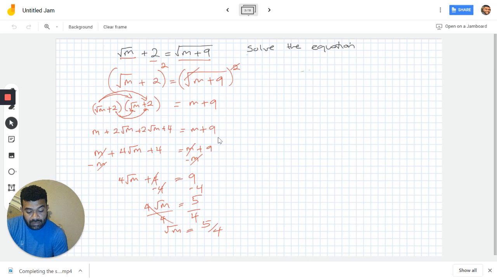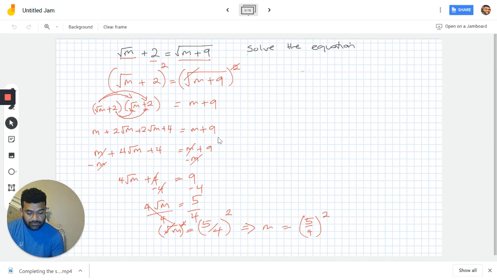Now I need the m. So in order for me to remove the square root, I just square it again. So square, and then you square the right. These two will cancel, the square and the square root, and I'll be left with m is equal to 5 over 4, the whole thing squared.